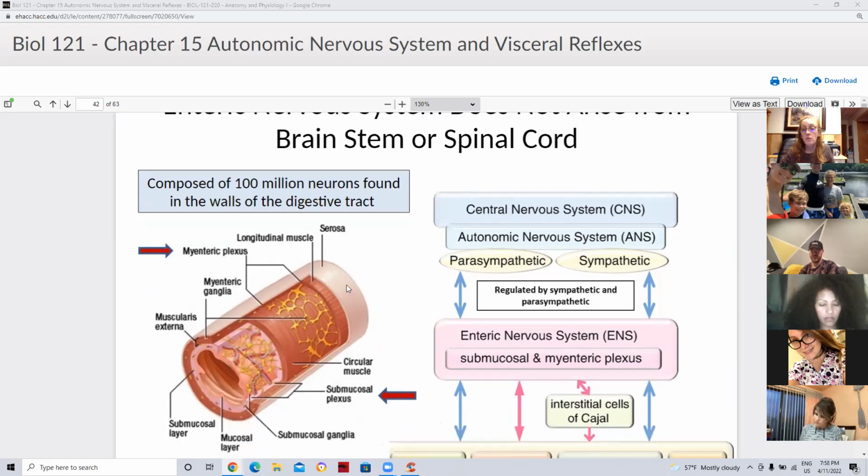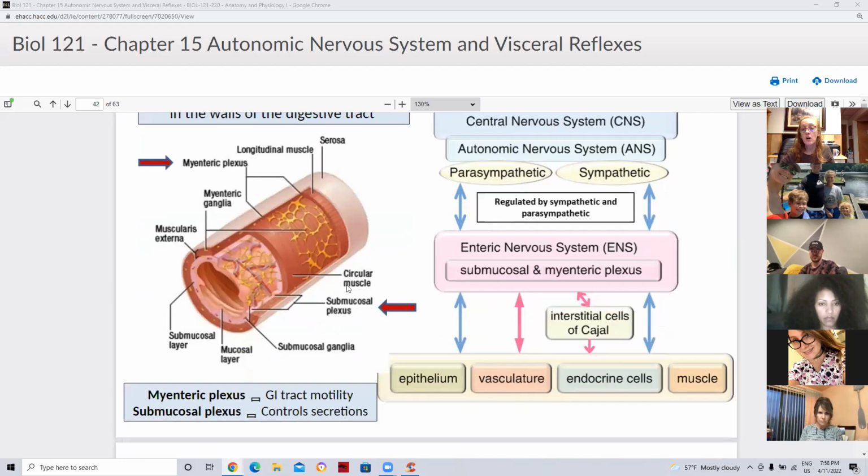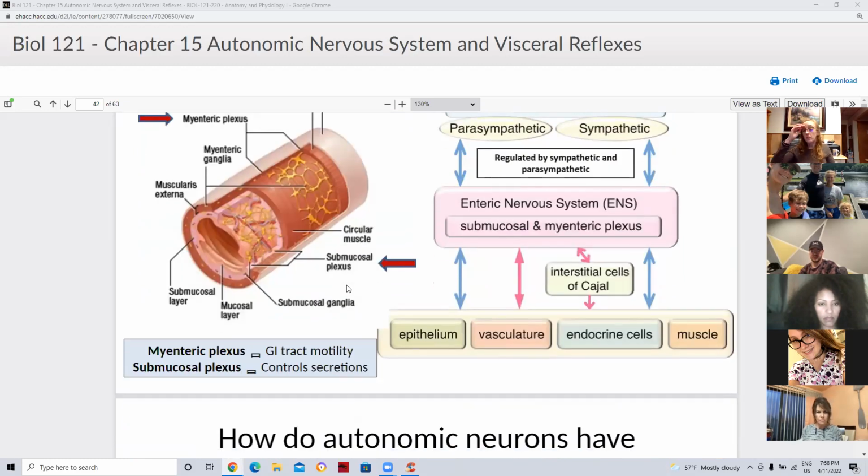It includes two plexuses, the myenteric plexus and the submucosal plexus. The myenteric plexus predominantly regulates gastrointestinal motility, the movement of food and substances down the GI tract.